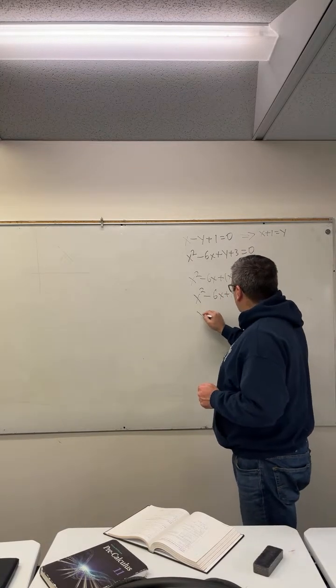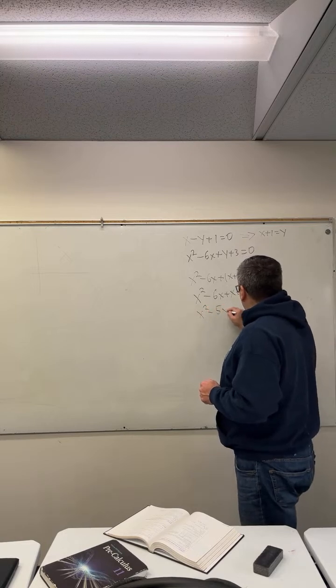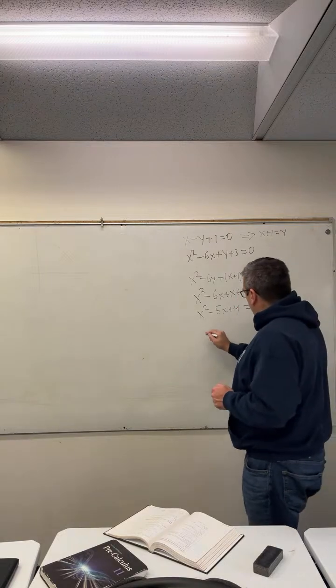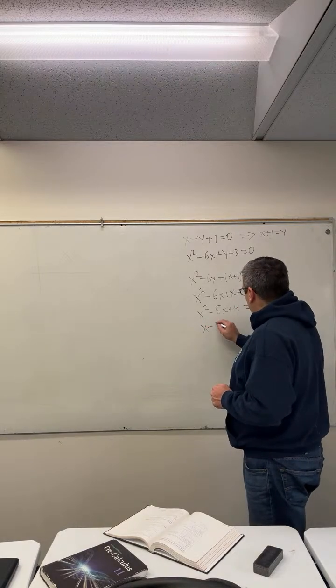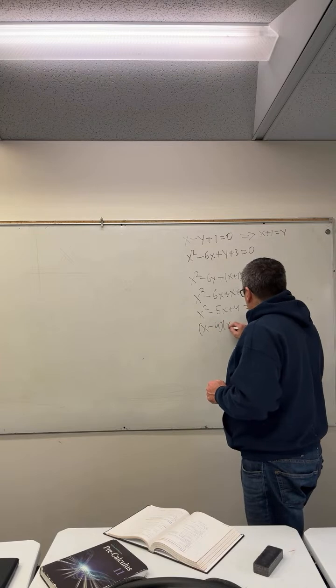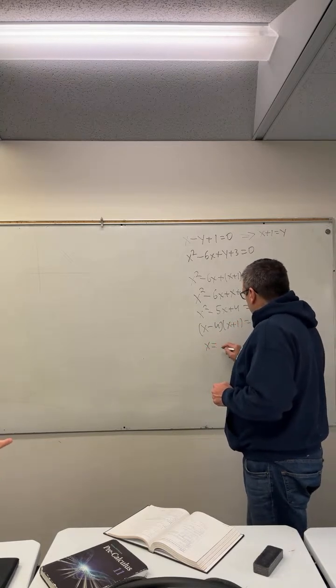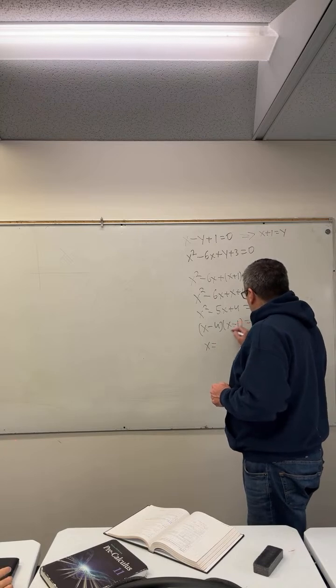So x is 4 and 1. So we have x minus 4, x minus 1.